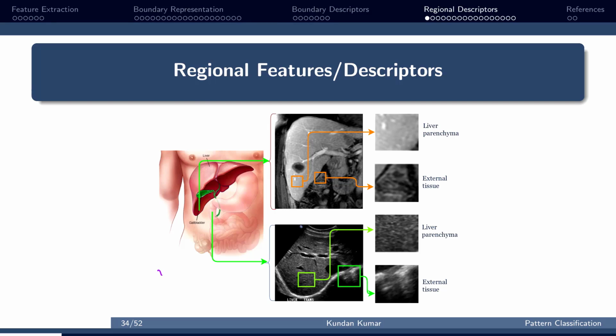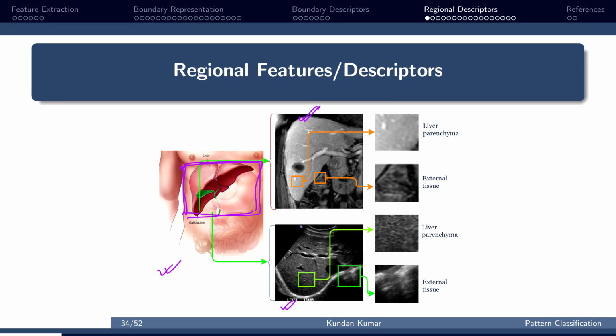From this diagram you can observe that there are two images captured from the same body organ.